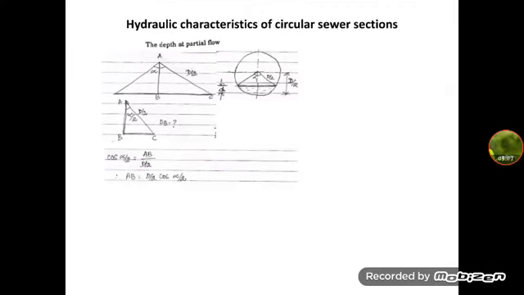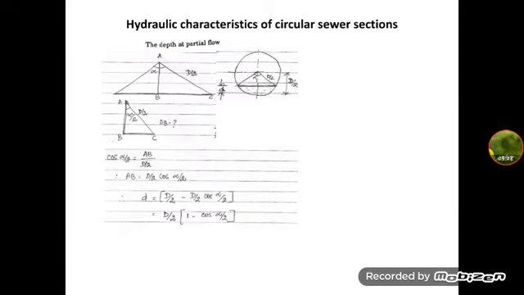Here AB can be found by cos theta. Since the angle is alpha by 2, cos alpha by 2 is equal to adjacent by hypotenuse, that is AB by D by 2. Therefore AB is equal to D by 2 cos alpha by 2. Therefore the depth of flow d is equal to the radius of the pipe minus D by 2 cos alpha by 2.